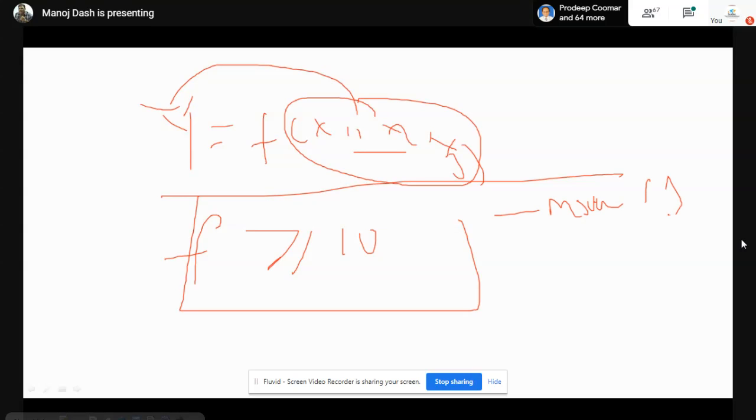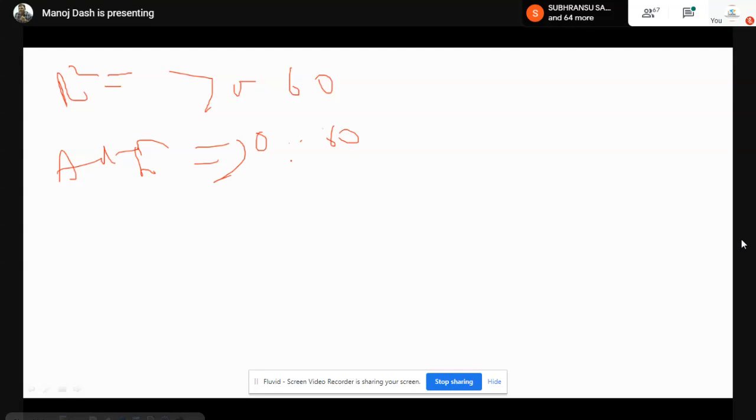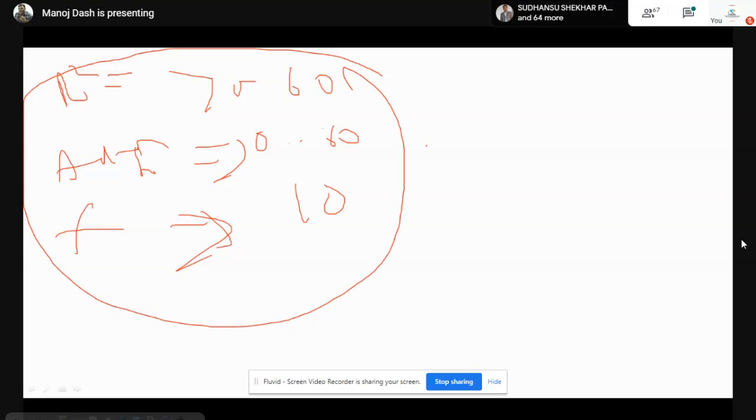What are the three things? R square, how much should it be? Adjusted R square and F statistic. R square and adjusted R square greater than 0.60, then F value greater than 10. This is the first parameter while checking whether the model is fit or not fit. Clear?